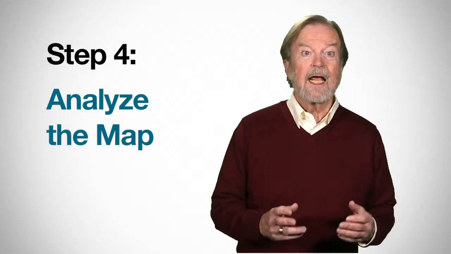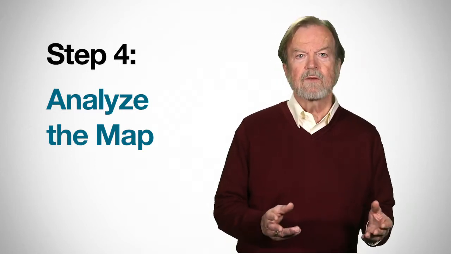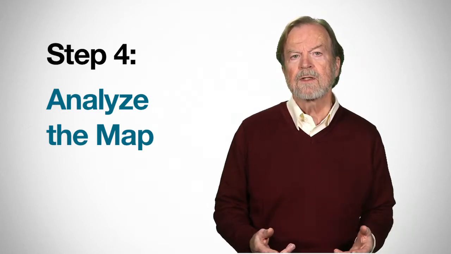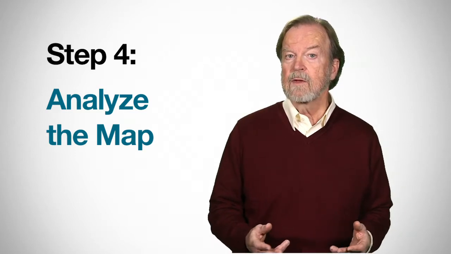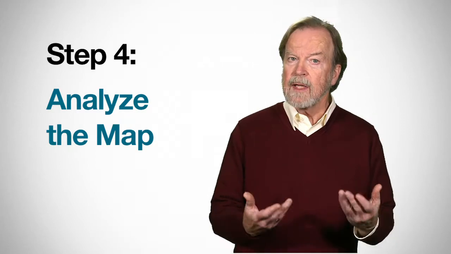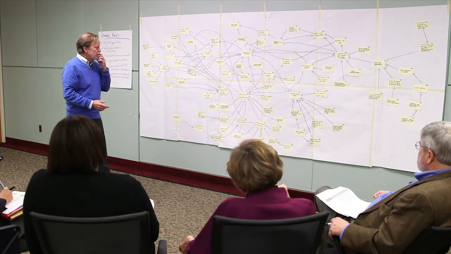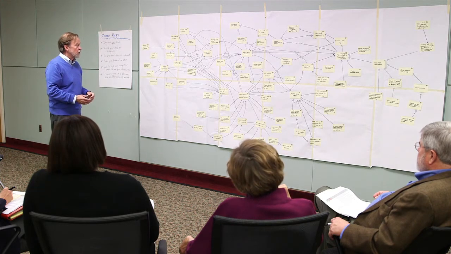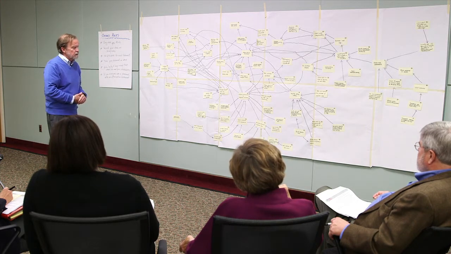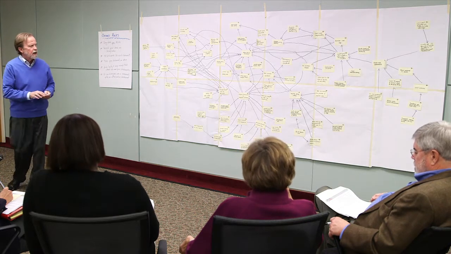The next step is to analyze the map, to understand more clearly what the causal links mean in terms of helping move towards zero deaths on the highways. The first piece of analysis will involve looking for busy concepts, meaning statements that have a lot of arrows coming into and going out of them. So let's reflect on what we have here, and I'm going to get some blue dots while we do this.